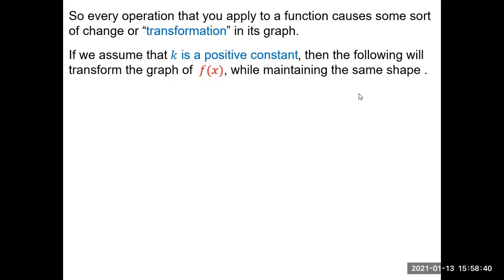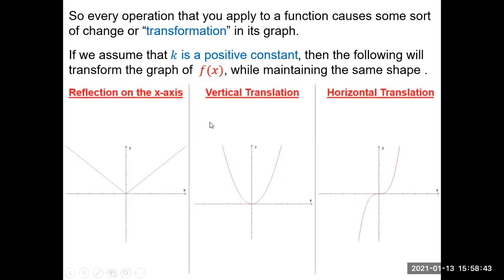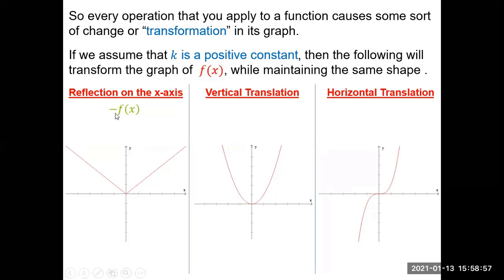Then that would imply that if we have these graphs, then a reflection over the x-axis will be demonstrated by multiplying the function by a negative. Once you do that, that just causes the entire red original graph to become the negative of those outputs. So any value that happens to be above the x-axis will reflect to below the x-axis, and vice versa.